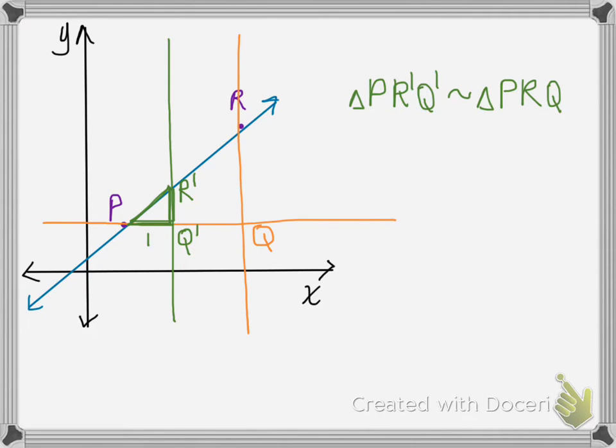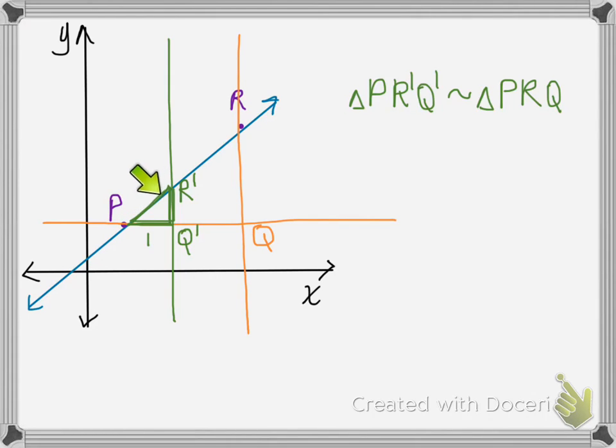Okay, so let's look at where those are showing up. So we've got P, R prime, Q prime right here. The small one is similar to the larger triangle here, P, R, Q. And we know that because of the angle-angle criteria. They share this angle here.